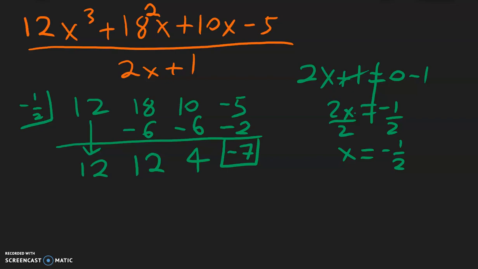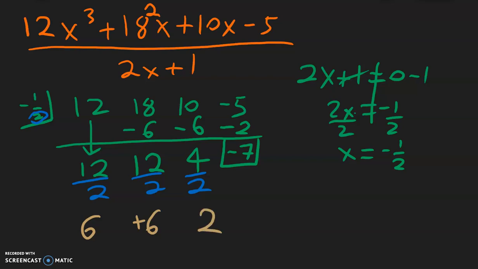Now, the step that a lot of students forget to do is here, because we divided by a 2 here, so we need to divide every single one of these by 2. So 12 divided by 2 is going to give you 6. 12 divided by 2 is going to be 6. 4 divided by 2 is going to be 2.